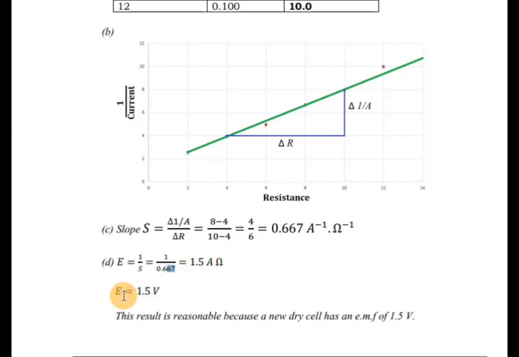As you see, our EMF is going to be 1.5 volts, and as the interpretation, the result is reasonable because the new dry cell has an EMF of 1.5. Try to look at the new dry cell. The value of EMF is 1.5. So this is equal to our result that we have found. So we have found the true solution.